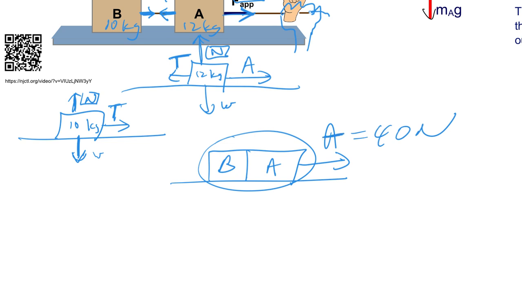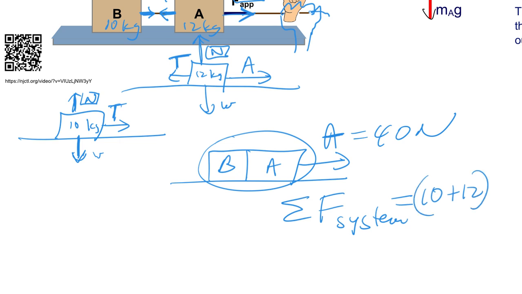So we can do net force on the system, the two connected boxes, is equal to the two masses, 10 plus 12, times the acceleration. Okay, we know that the net force on the system is the applied force 40.